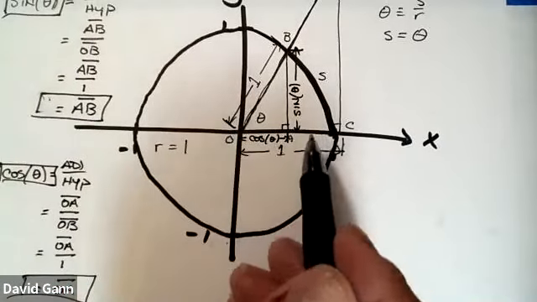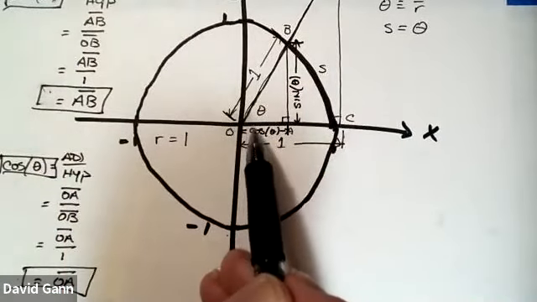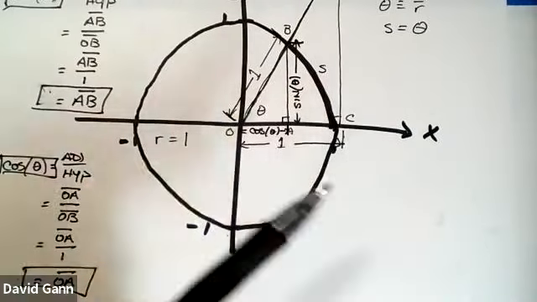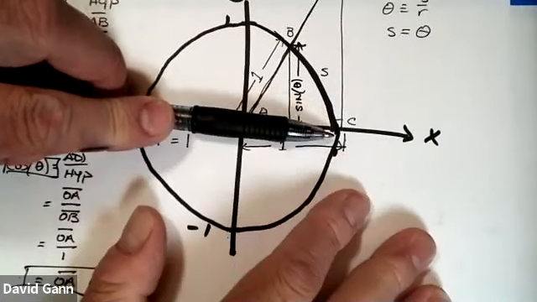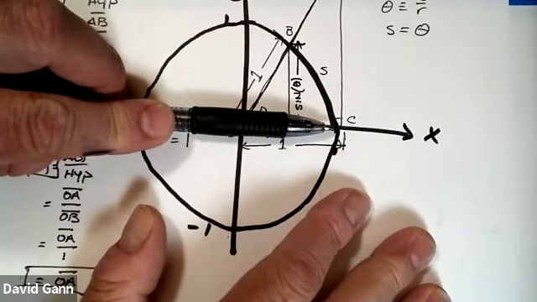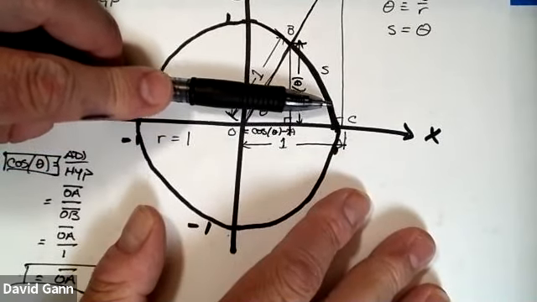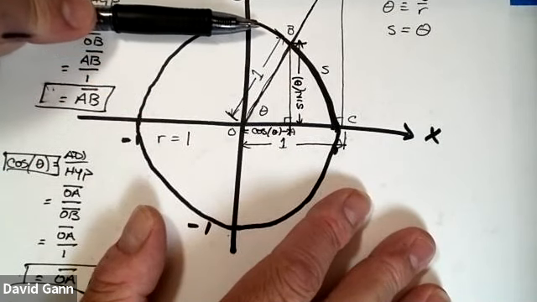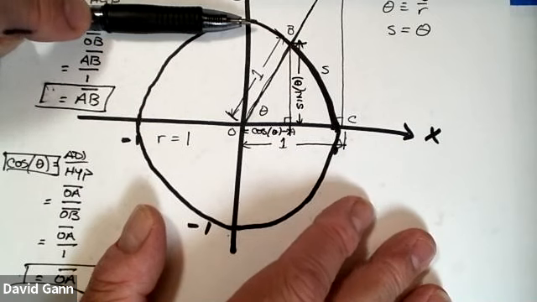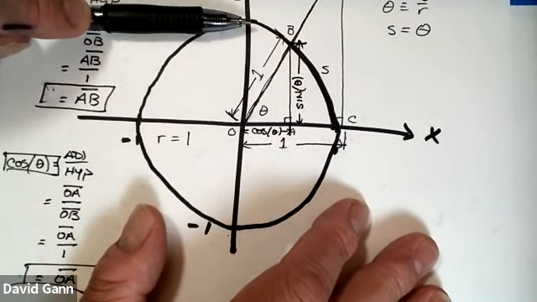Now, also with cosine, note that cosine is more the x coordinate, right? So it starts out at a maximum value of 1, and then as you move through quadrant 1, its value decreases. So cosine is decreasing in quadrant 1.